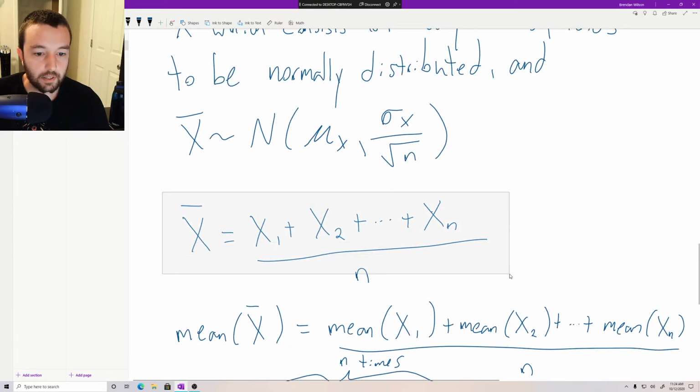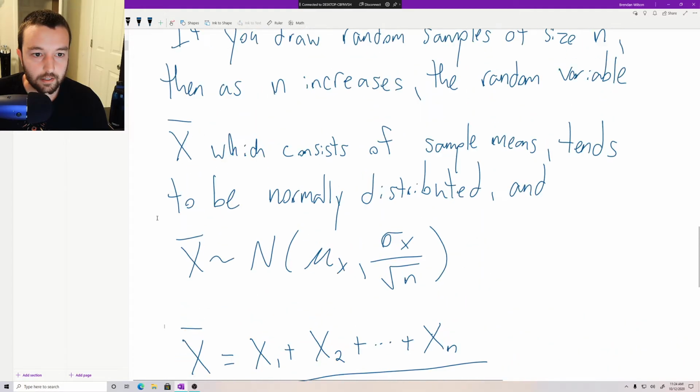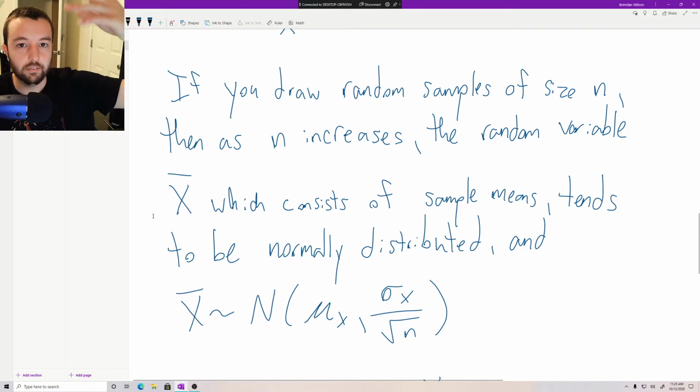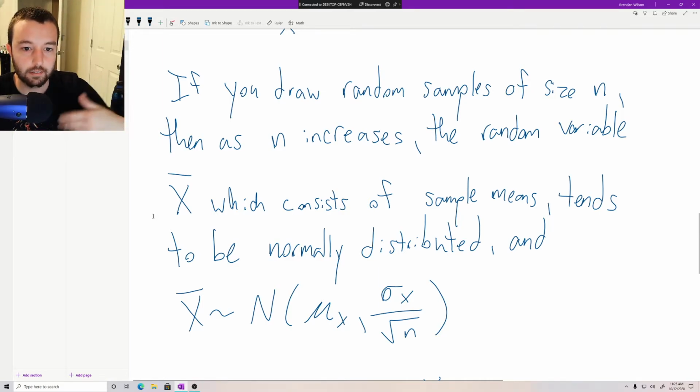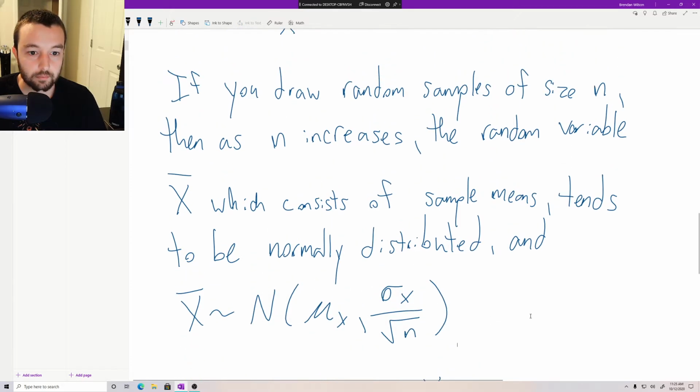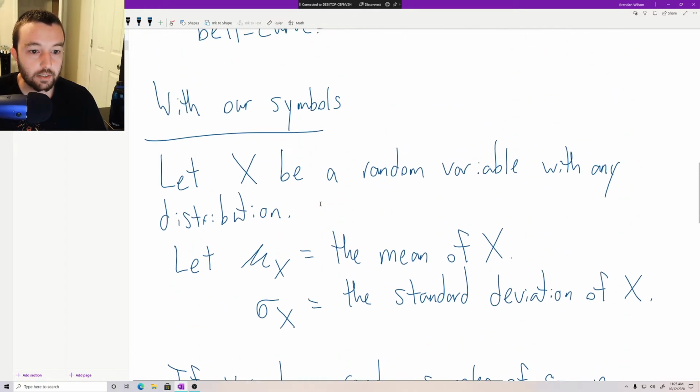So this x bar, you take the sum of all the random variables and then divide by n, so you get the sample mean of the random variables themselves. It ends up being normally distributed. This is a very powerful statement because notice that x could have any distribution.